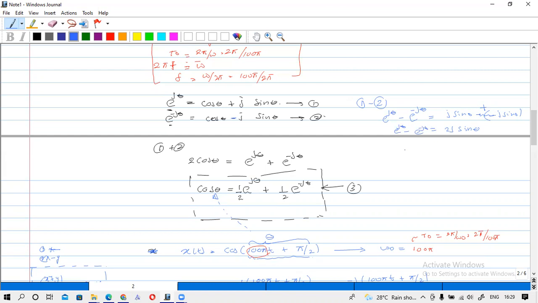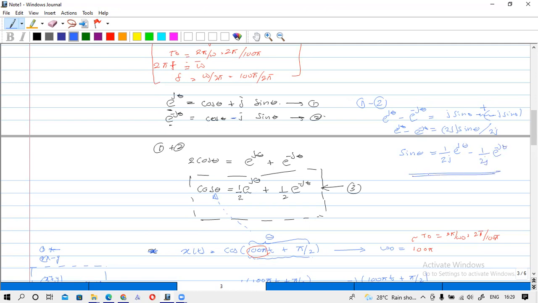So what is sine theta? You have to divide these two terms by 2j, because here you have 2j. So for the sine term I have 1 by 2j e to the power j theta minus 1 by 2j e to the power minus j theta.